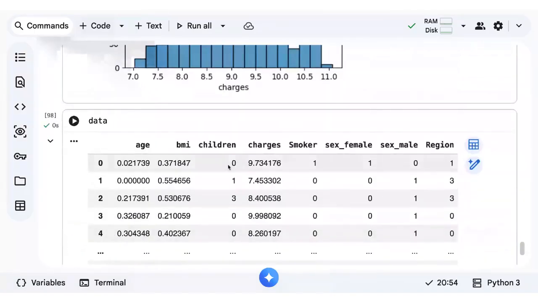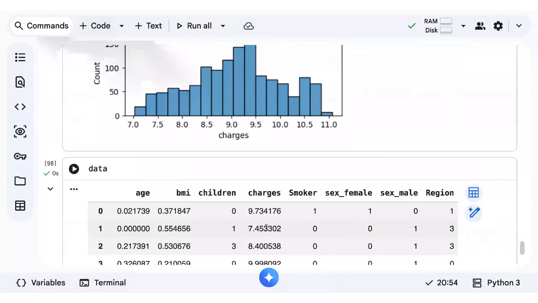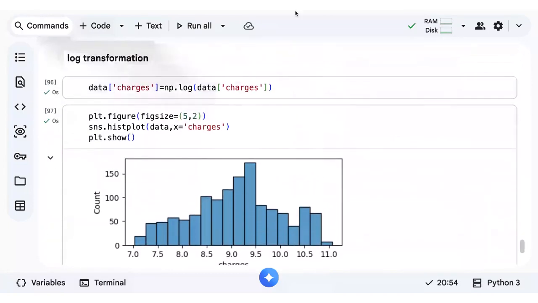You can see the charges: before they were in thousands, now they have become very small values. That's how transformations work. Usually we use a log. Clear?